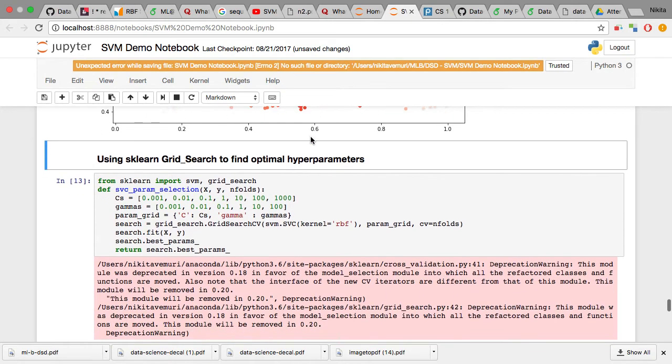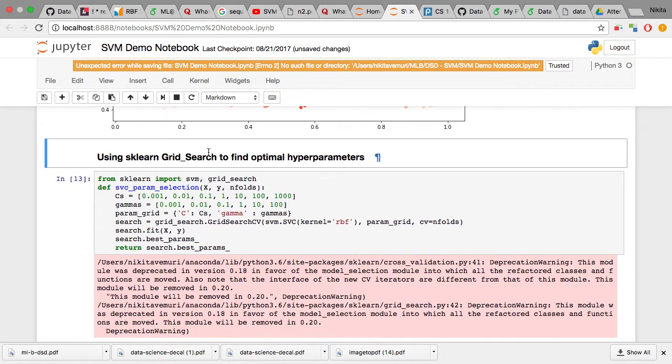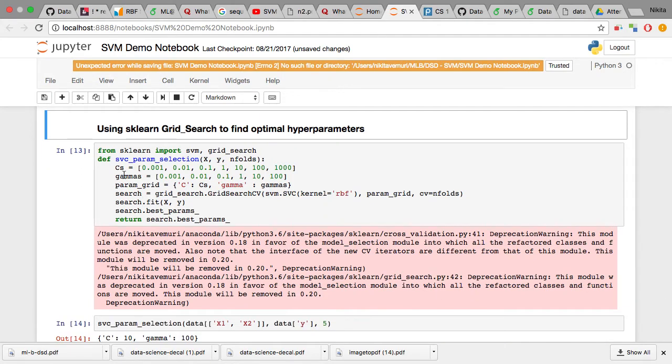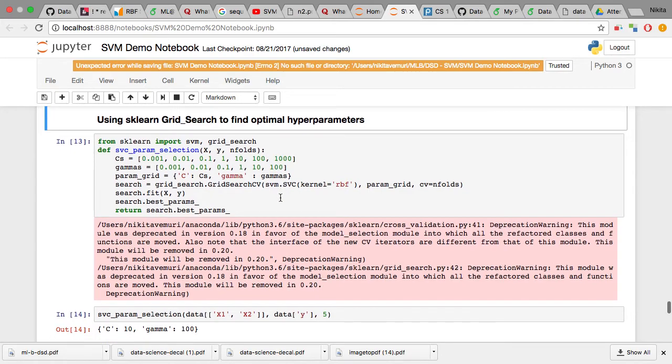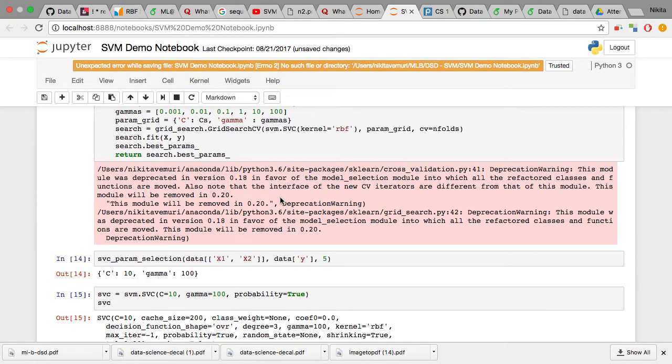But a cool thing that sklearn has is grid search, which allows you to find the optimal hyperparameters without manually having to go through and say gamma is equal to 110 and keep going like that. You can just create a list with all the values of C you want to try and all the values of gamma you want to try, and let it pick the optimal one.